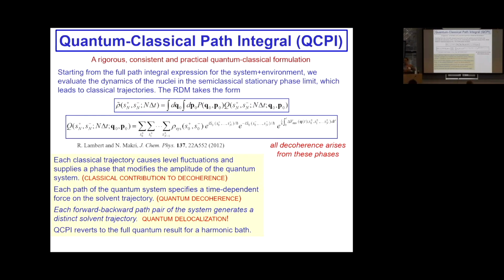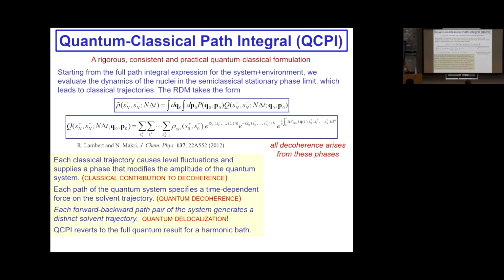I would say it depends on the sequence of states that the system jumps between according to a particular path, which means that from each initial Q0, P0, I have not just one trajectory, but the full number of paths, and the number of propagation steps, trajectories of the environment. So this is the quantum classical manifestation of non-locality, and this contributes an additional phase, which I call the quantum decoherence.